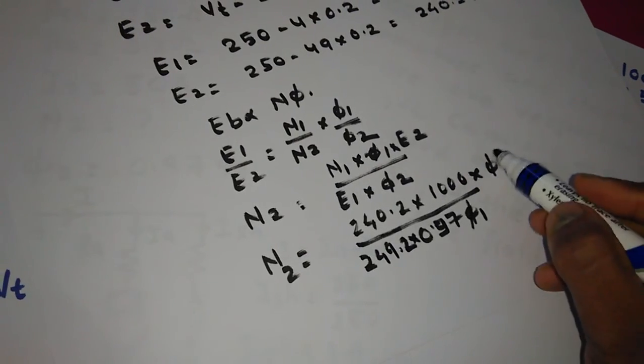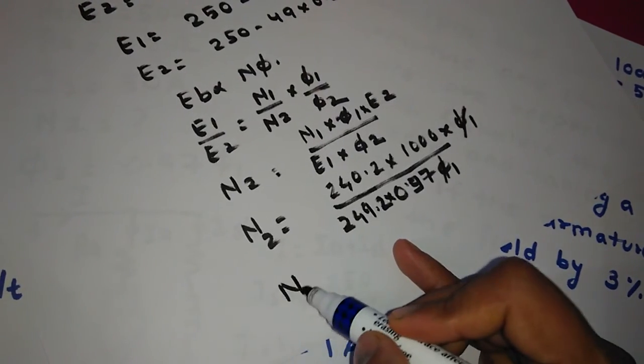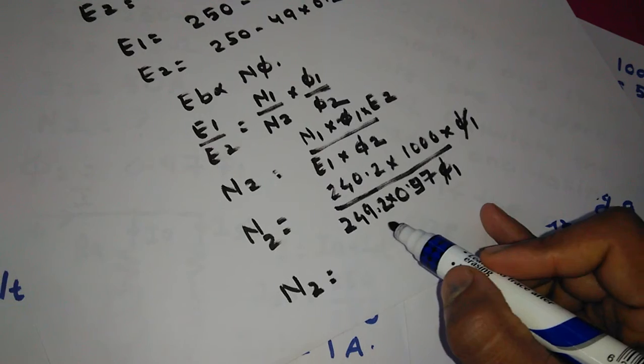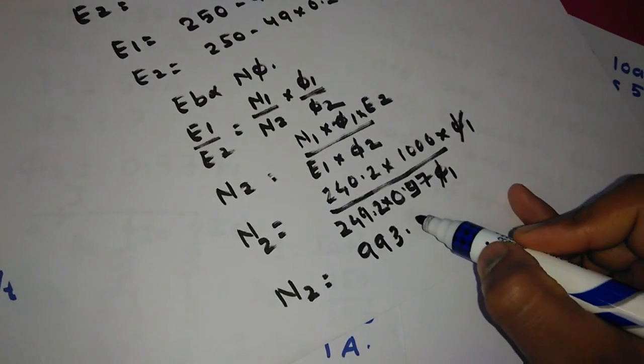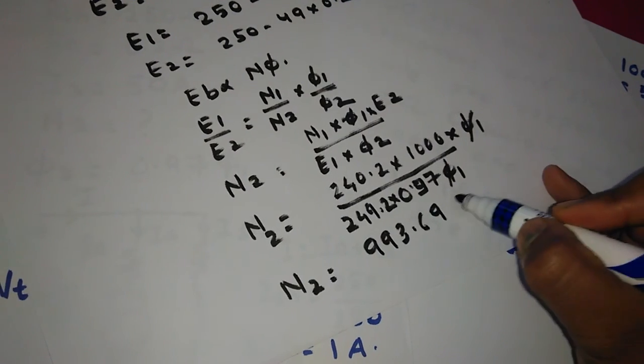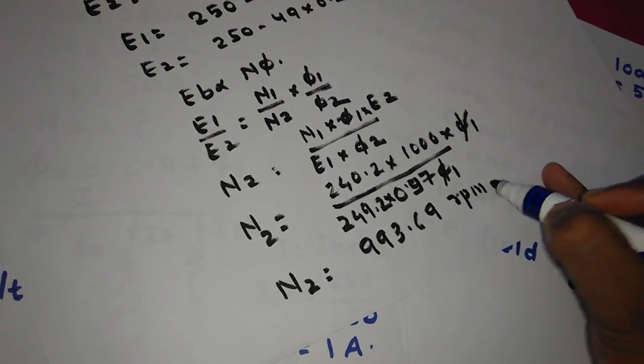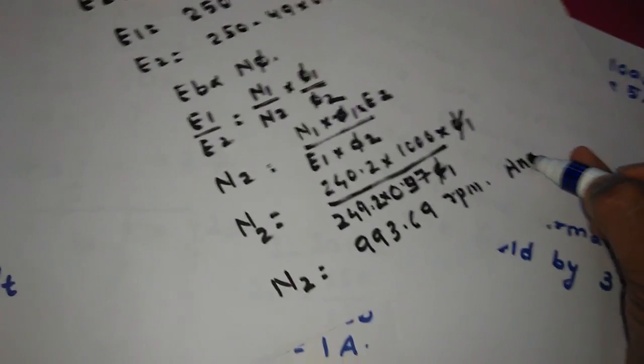So we will get the numeric value of speed from this calculation as 993.69 rpm. So this is the answer of this problem. Thank you.